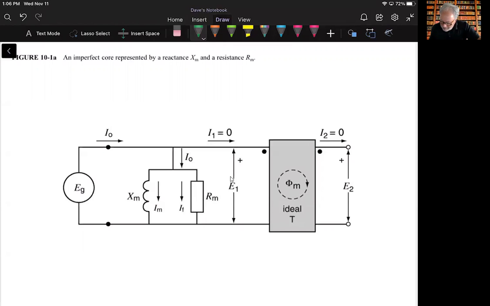So we're going to add this resistance and this inductor in parallel with the primary terminals here. That will account for this hysteresis effect and this eddy current effect, and also the idea that this whole thing is not infinitely permeable.